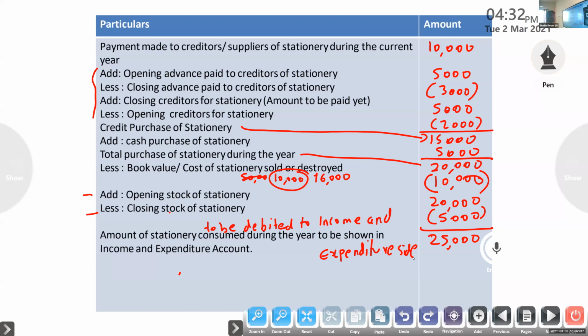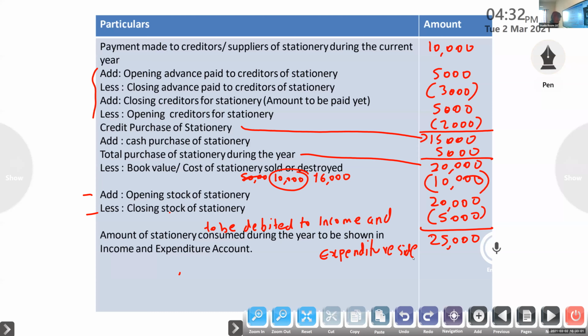Then you will get total purchase, then less book value of stationery sold, then add opening stock, less closing stock. So if they tell you to prepare the balance sheet, opening stock will come in the opening balance sheet, closing items will come in the closing balance sheet.